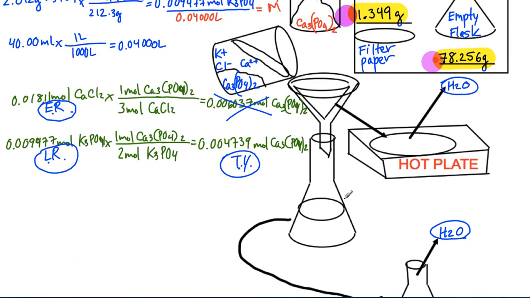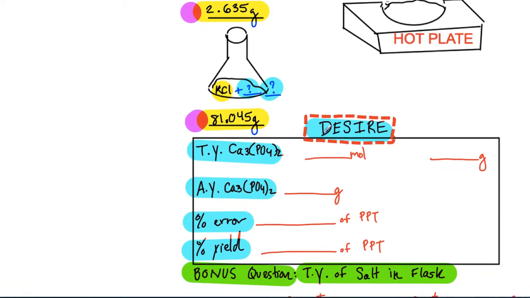We scroll down here and we say, well, we know the moles of the theoretical yield, so we can plug that in. That goes right here. So that is, as we just said, 0.004739 moles of calcium phosphate.